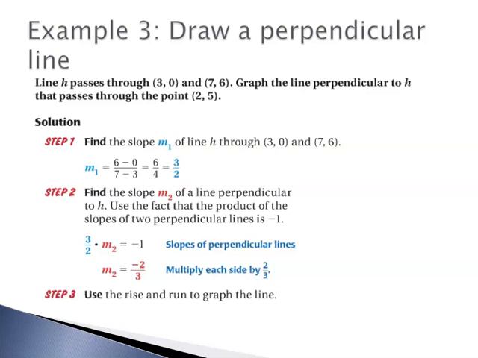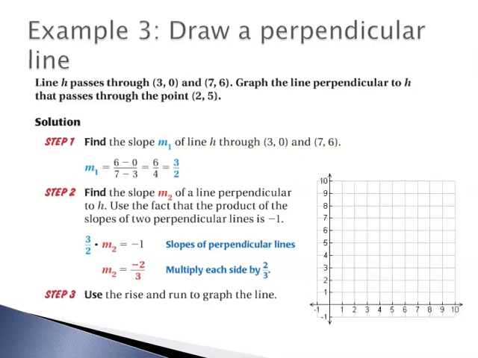Now that you have that, we can try to draw this perpendicular line. We're going to use rise over run to draw the line. Since we know that line H passes through (3, 0) and (7, 6), I'm going to put those points in and draw line H. Now I need to graph the line that's perpendicular to H. I know the slope of that line, and I know that it passes through the point (2, 5).